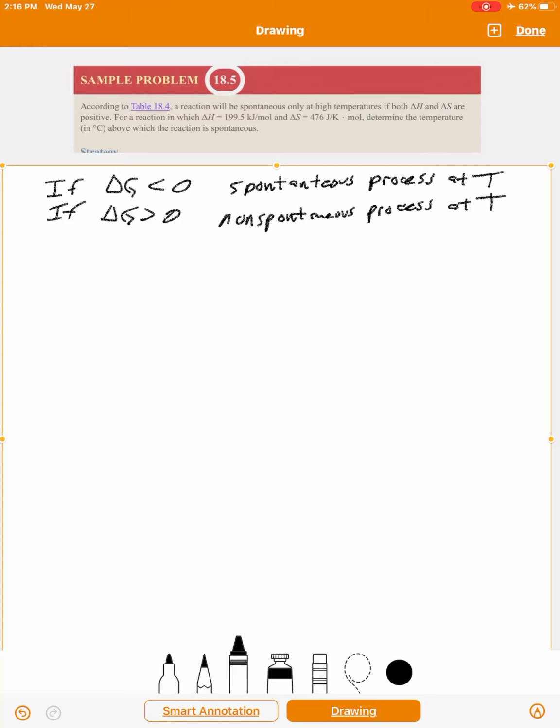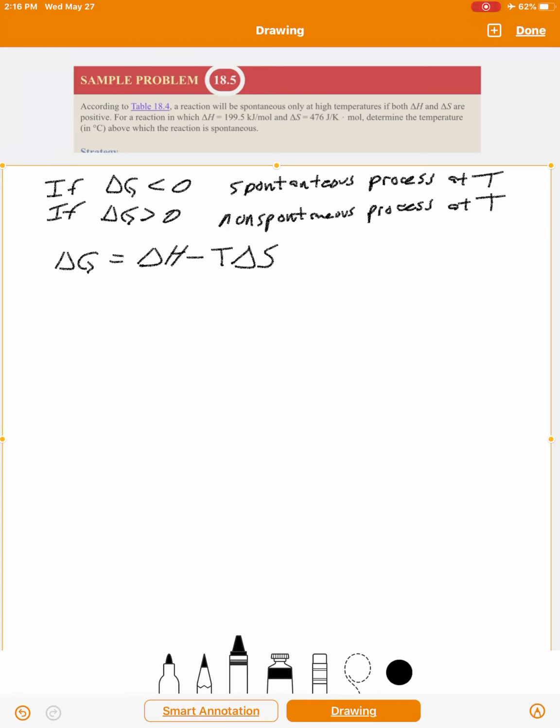Okay? So really what we're saying is this. Delta G is delta H of the system minus T delta S of the system. So we're going to plug in delta H and delta S. We know those. And we're going to set delta G equal to 0, meaning above a given temperature T, delta G will be negative, but below that temperature it'll be positive.